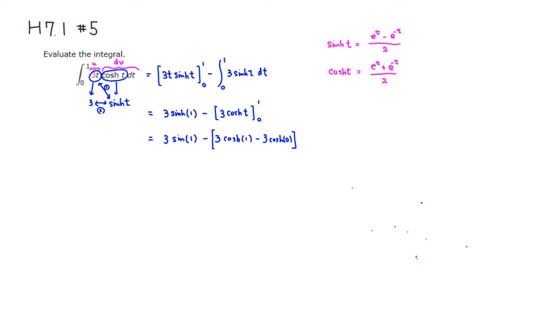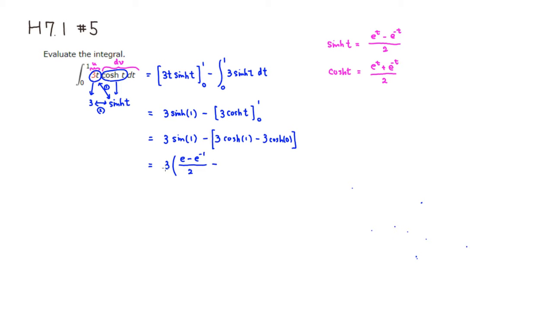So hyperbolic sine of 1: they all have a 3, so I'm just going to put 3 there, and then we have e to the 1 minus e to the negative 1 over 2, and a minus sign.